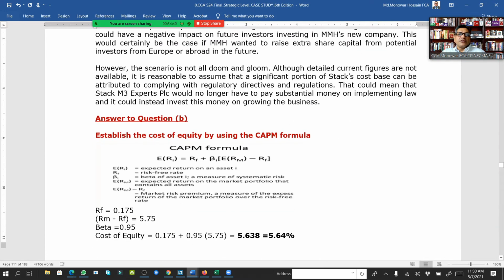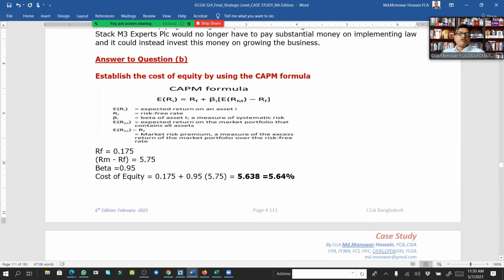Now, as per requirement 2 or B, establish the cost of equity by using the CAPM formula as stated there. So the CAPM formula, the capital asset pricing model, we know: cost of equity equals the risk-free rate of return plus beta multiplied by market return minus risk-free rate of return.